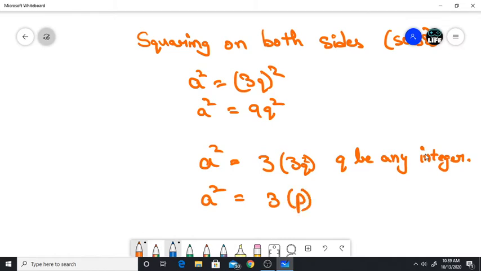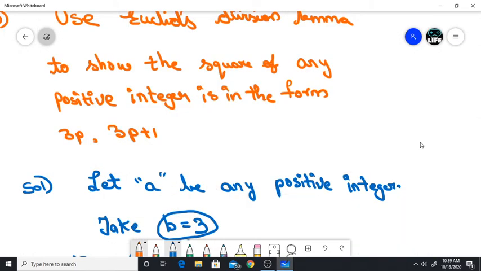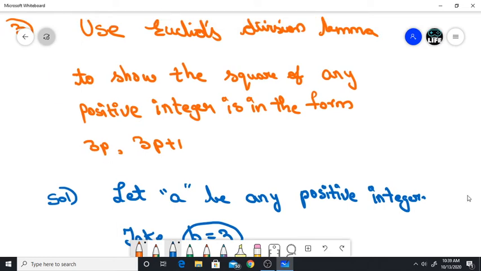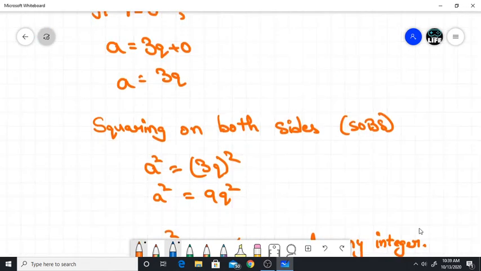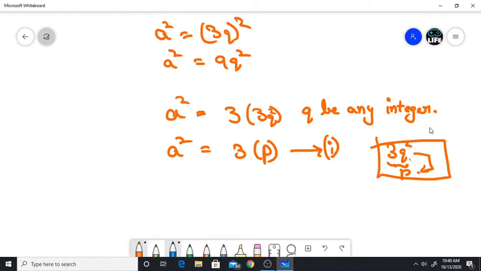I took 3q square as p because in the question it is given as p, so I took 3p. It is very important. I took 3q square as p. So it is 1.